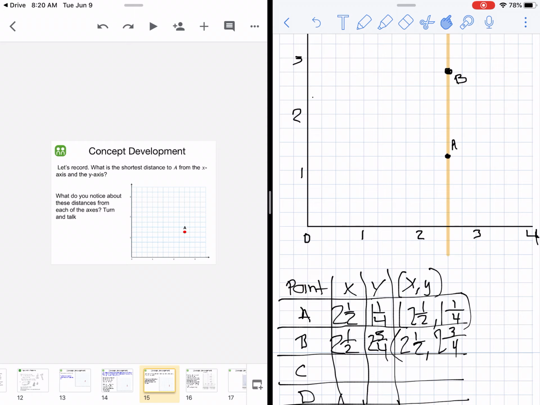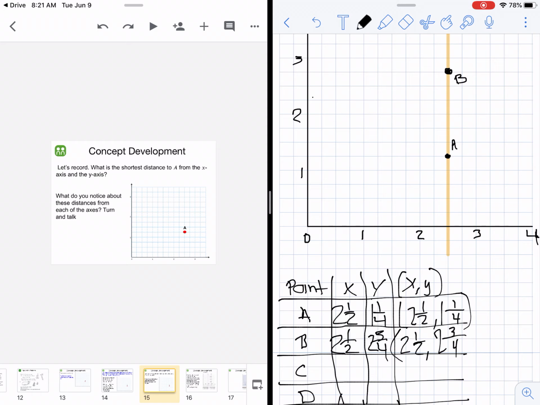Now I want you guys to plot point C. Point C is going to be halfway between point A and point B. Where is that? It's going to be in the middle of A and B. Can you plot C?